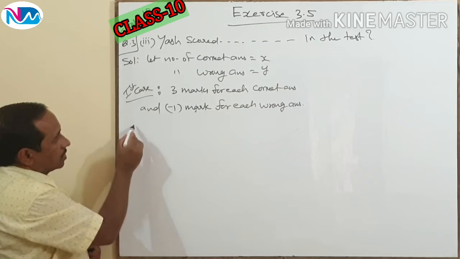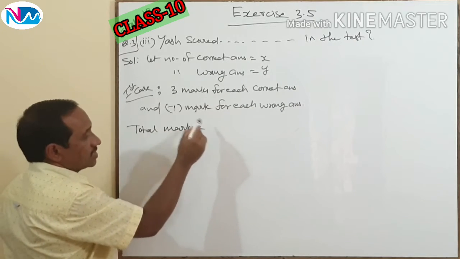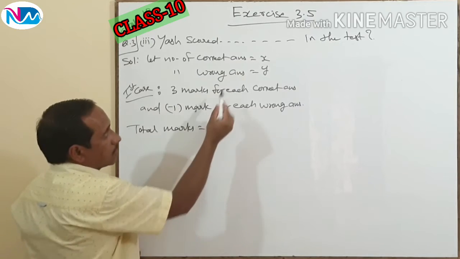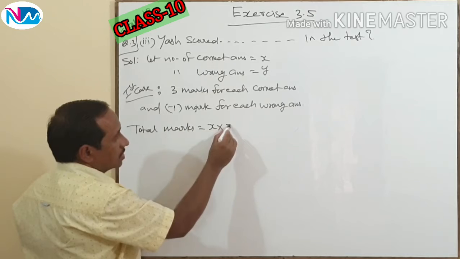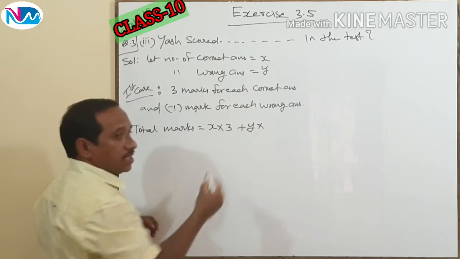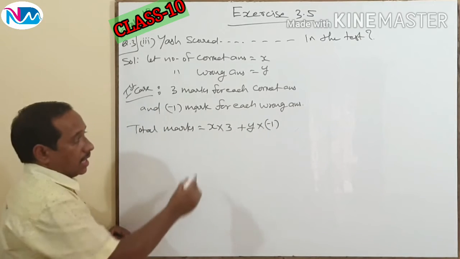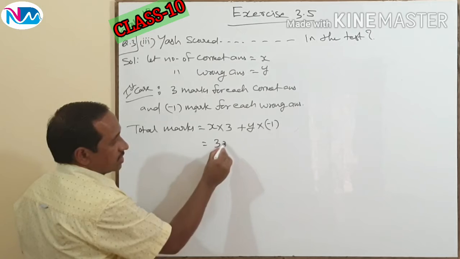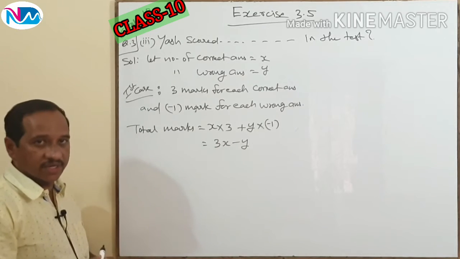That is, total marks is equal to the number of correct answers x into the mark for each correct answer 3, plus the number of wrong answers y into the mark for each wrong answer -1, which is 3x plus y into -1, that is -y.